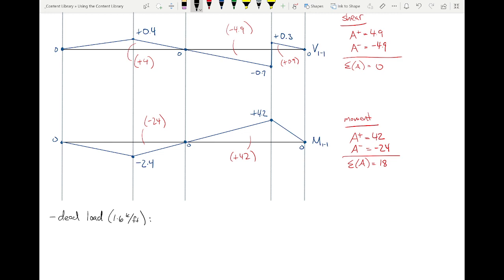So I propose that in order to compute the shear due to the dead load and the moment due to the dead load, we're going to take this and multiply it not by just the positive or the negative, but the total area, because the dead load is everywhere, right? The 1.6 kips per foot, think of that as how heavy the beam is. So we're going to take 1.6 kips per foot times all the areas. So this one's going to be 0.